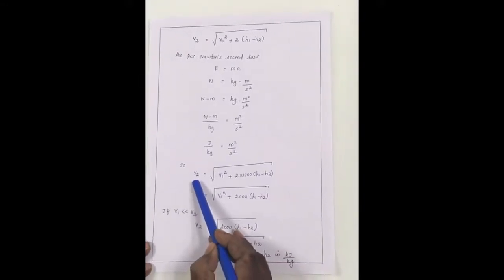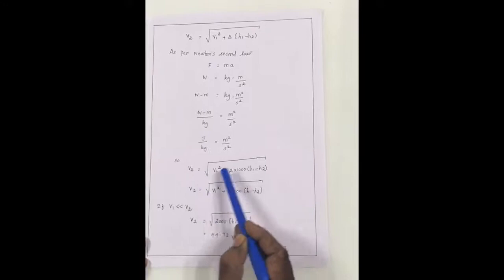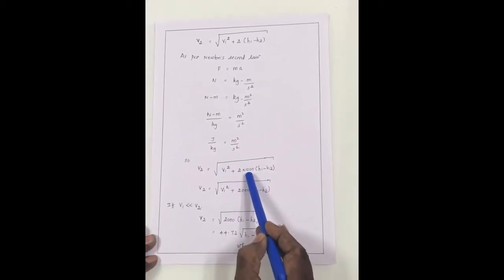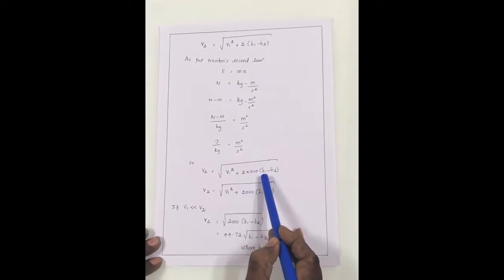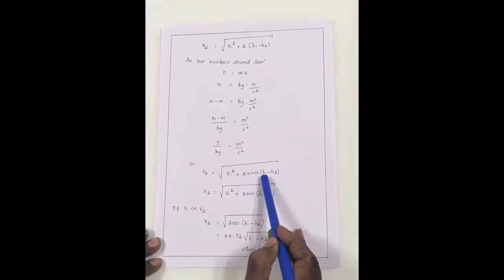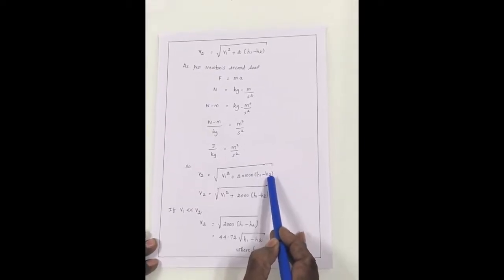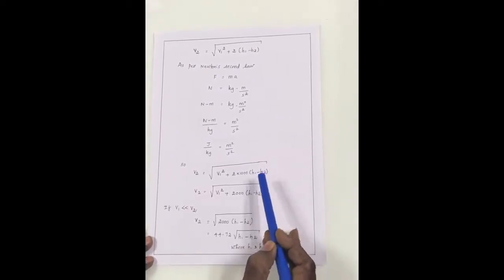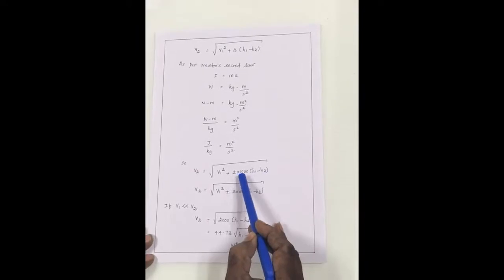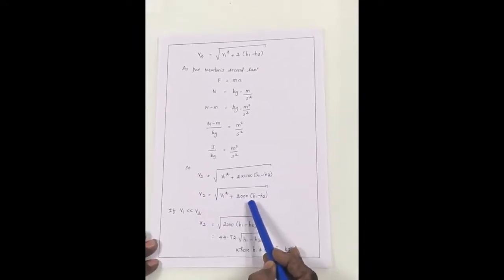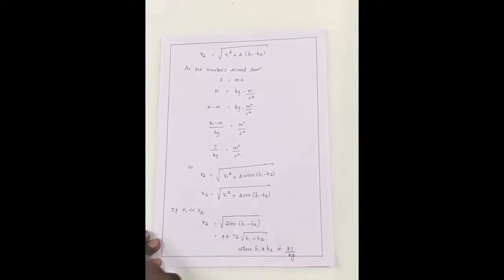So V2 equals the square root of V1 squared plus 2. The 1000 is introduced here to convert the kilojoule per kilogram, the unit we get from the steam table. So V2 equals the square root of V1 squared plus 2000 into H1 minus H2.